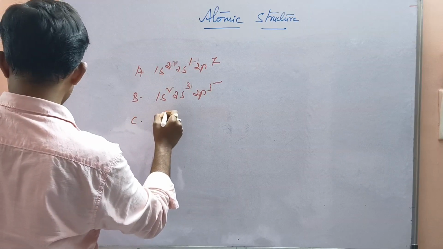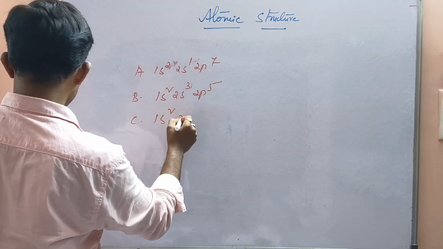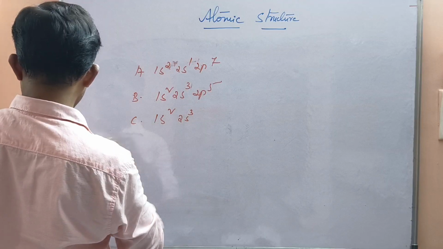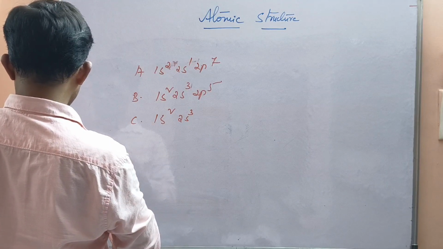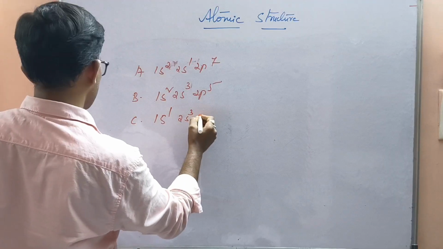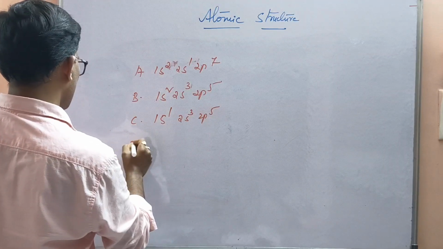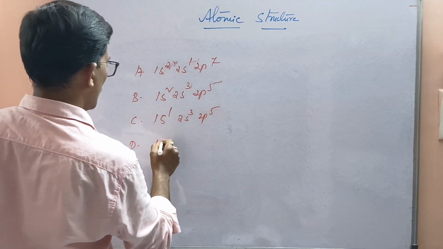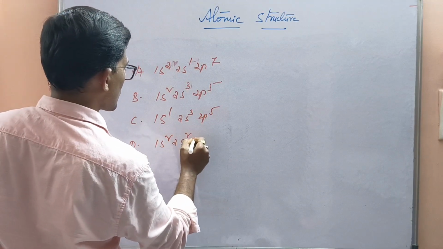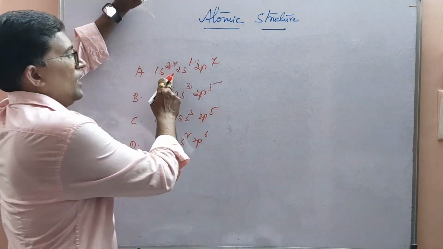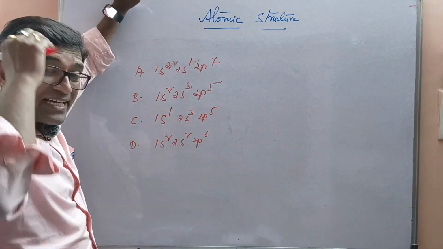C is 1s1, 2s3, 2p5. And D is 1s2, 2s2, 2p6.